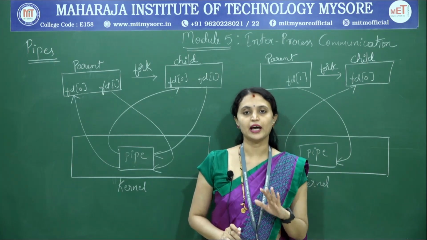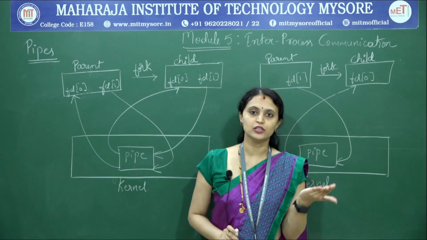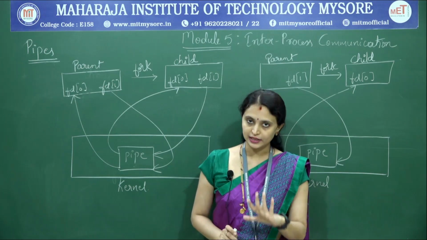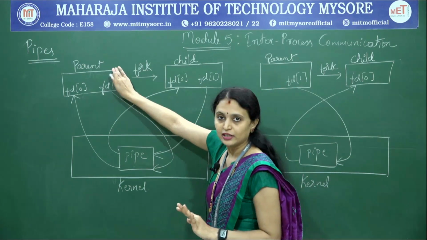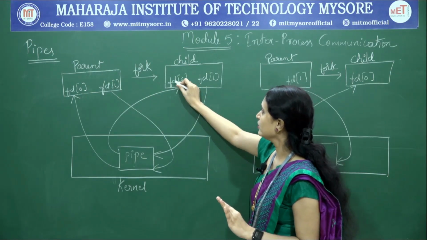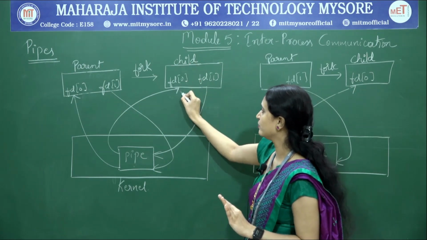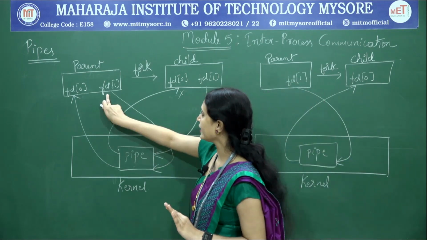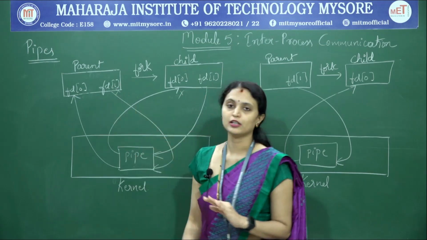Similarly, if there has to be flow of data via pipe from child to parent, in that case what should happen? From child to parent, right? So in that case the read end, FD of 0, I mean the read end of the child process has to be closed, okay, and then the write end of the parent process has to be closed.